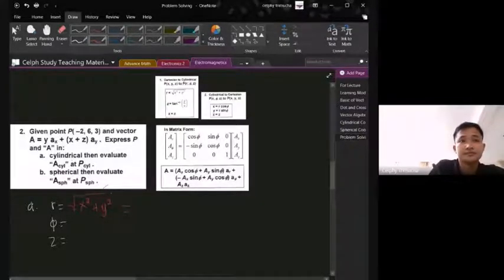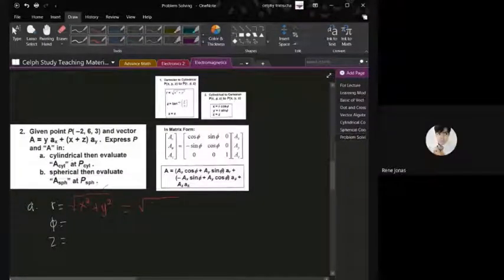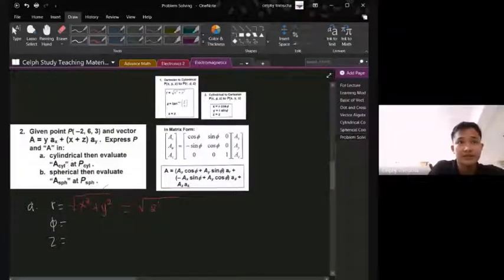So, square root of negative 2 squared plus 6 squared. So, this is equal to... pila na yung answer? Square root of 2 squared plus 6 squared: 4 plus 36 is 40.